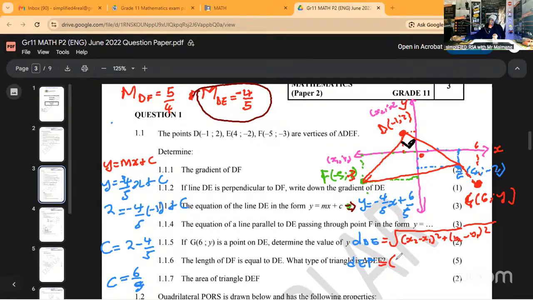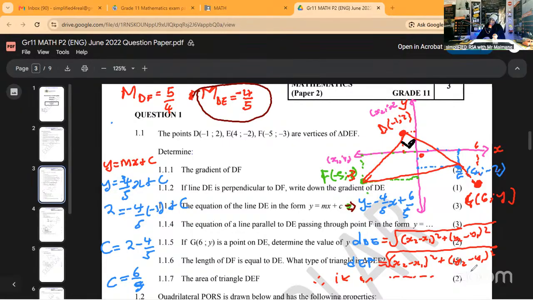And for this one, same thing, x2 minus x1 squared plus y2 minus y1 squared. Because of time, we don't necessarily have to do that. But when you calculate the distances, they're going to be the same. And then after, you will say, therefore, it is an isosceles triangle. Perfect, ne?